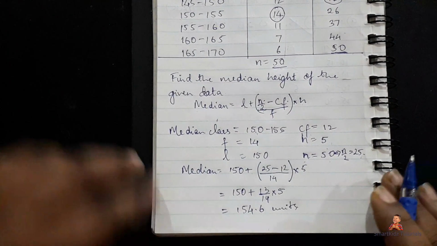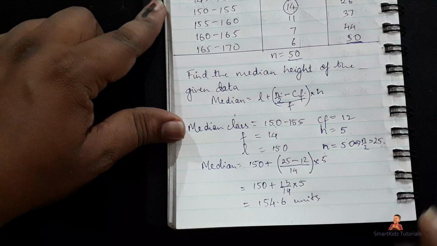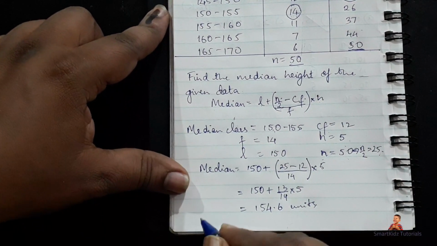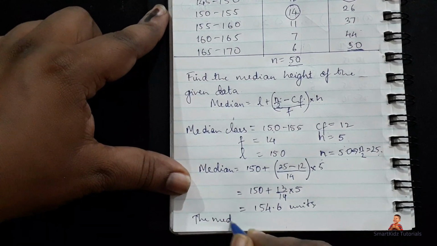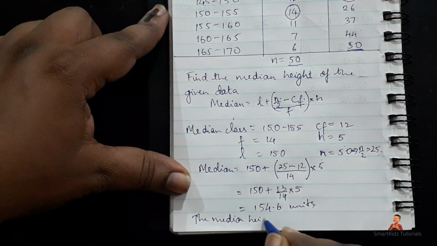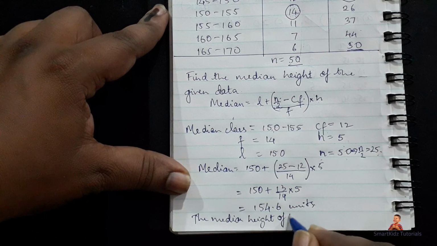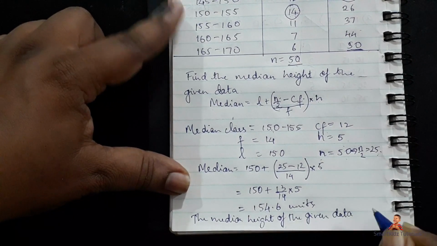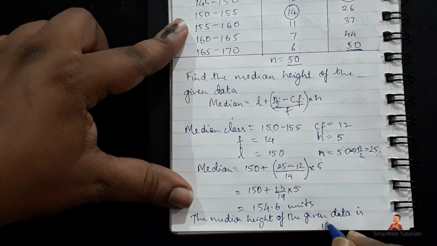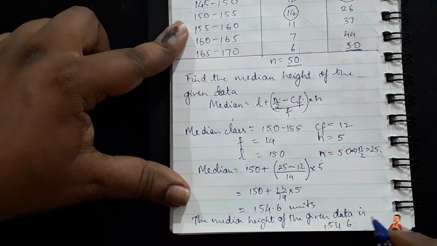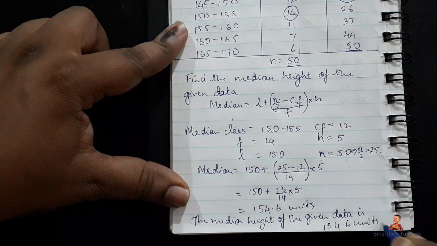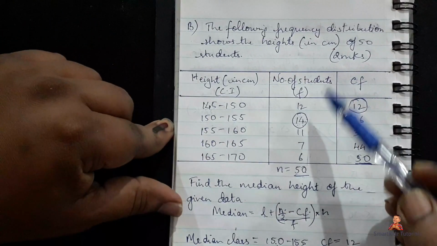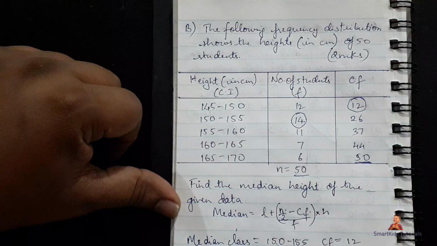Therefore we conclude from this calculation that the median height of the given data is 154.6 units. Okay, so that is our answer to this question, question 2b.